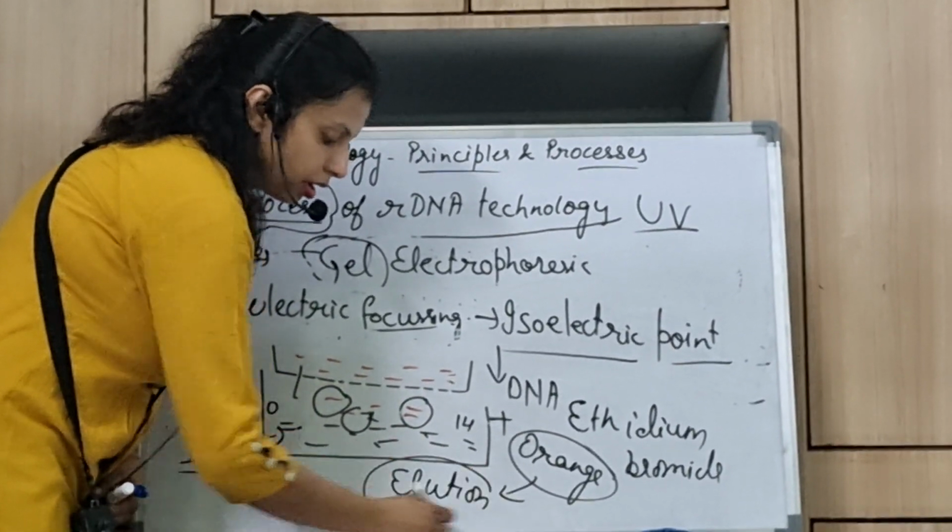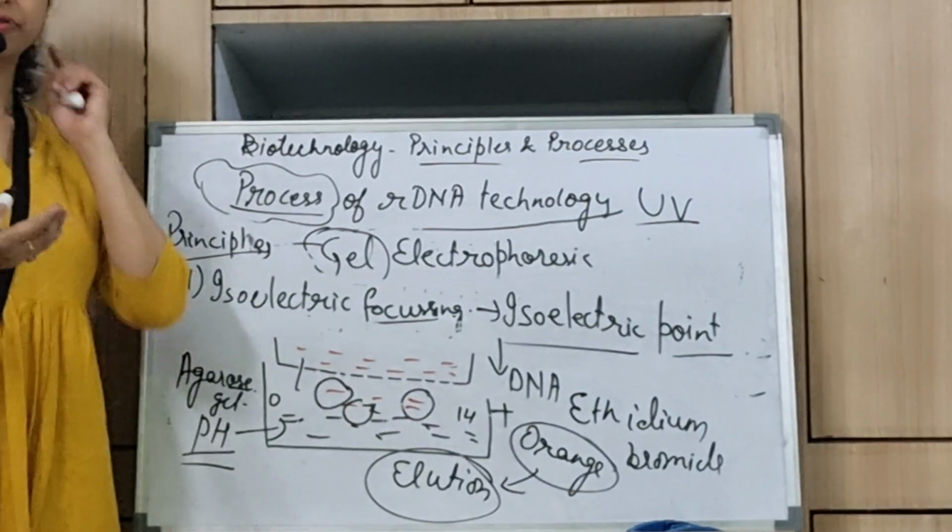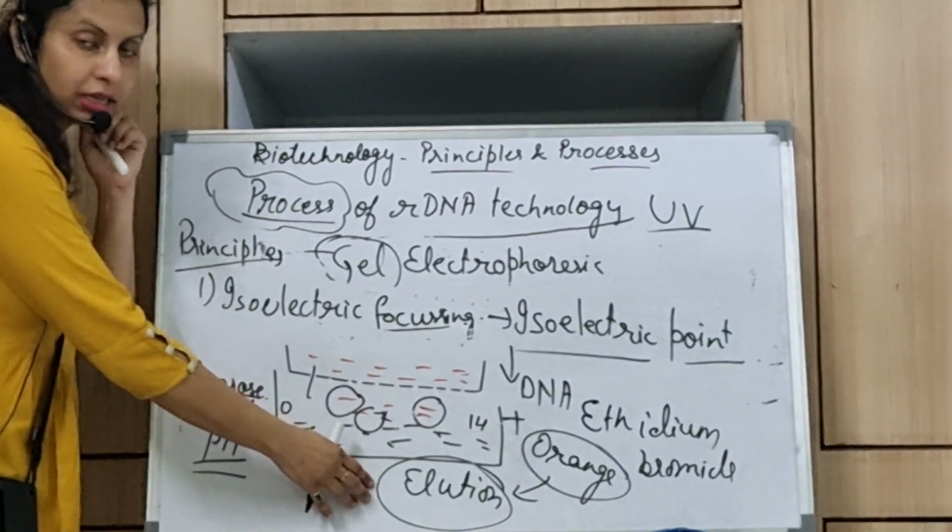This is very important. Scooping out of DNA from agarose gel is called elution.